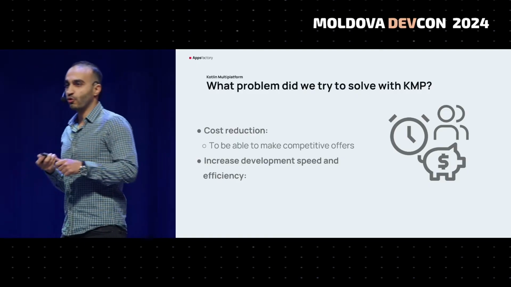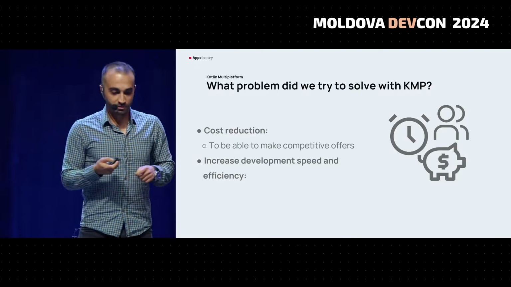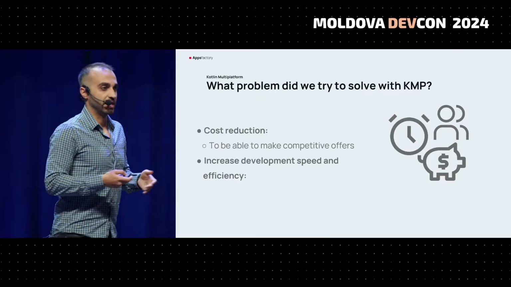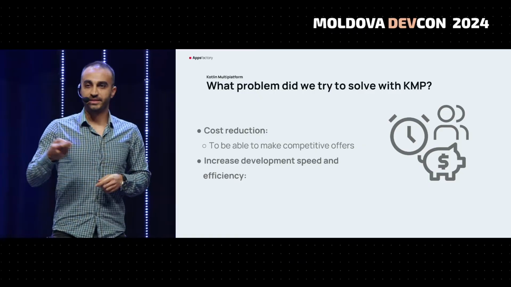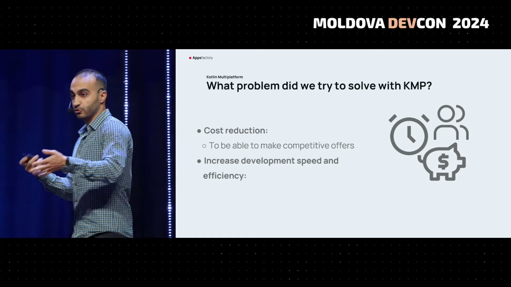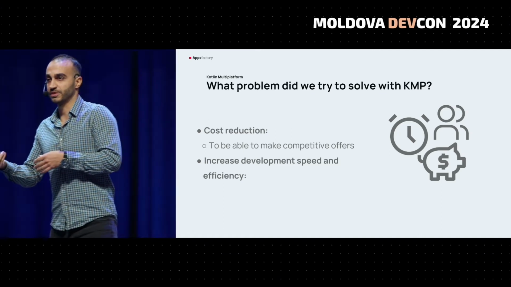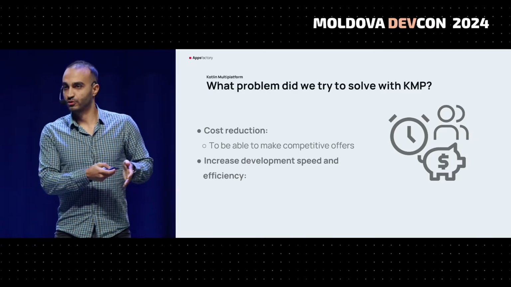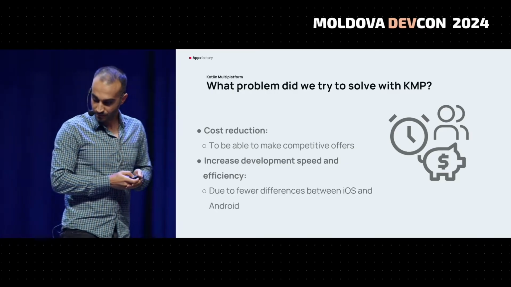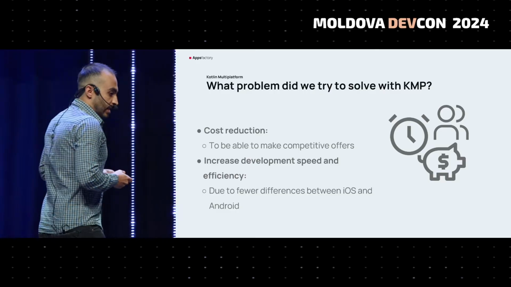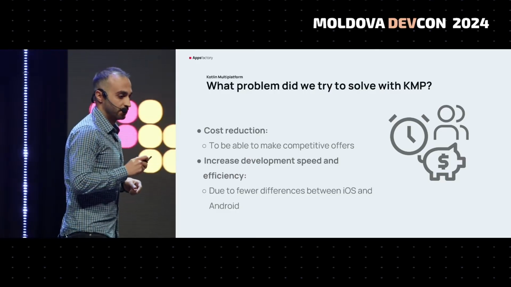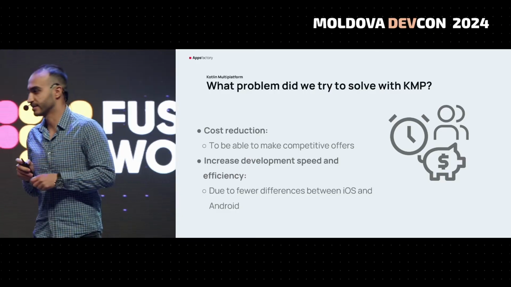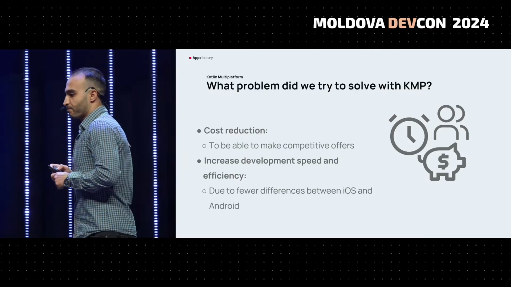When you give these offers, you also give your clients deadlines, and you need to meet these deadlines. To be able to do that, you need to increase your development speed and your efficiency. You shouldn't lose your team efficiency as well. And KMP technology is helpful. This is the first reason.